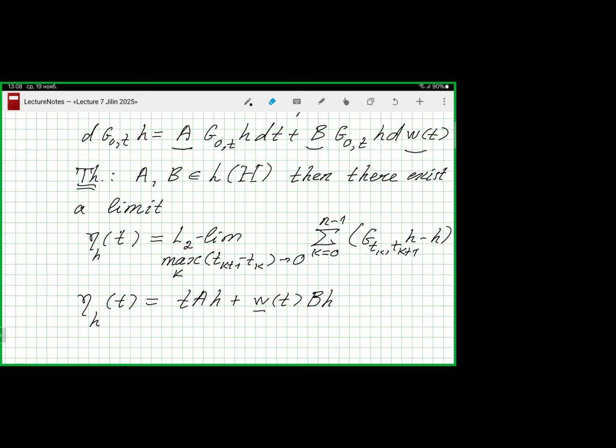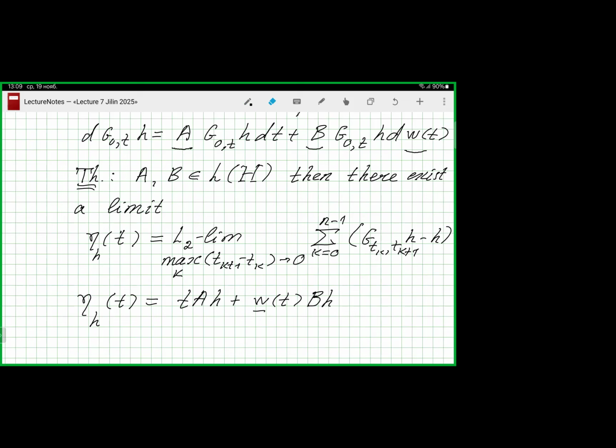And today in my lecture, I will show you two examples which are essentially infinitely dimensional and in which the semigroup cannot be obtained as a solution to any linear stochastic differential equation, whether with bounded or unbounded operators.